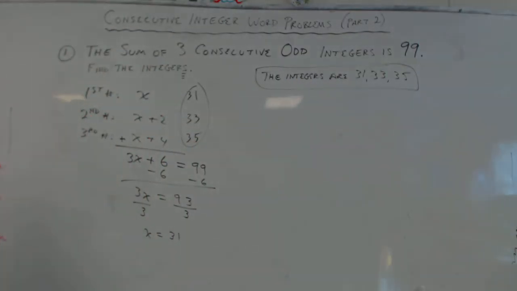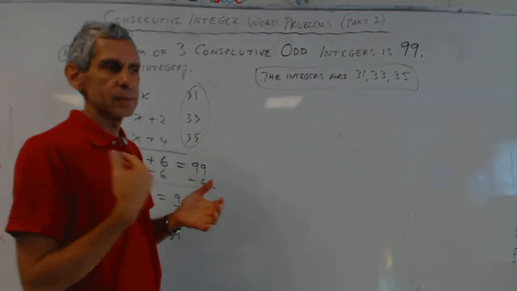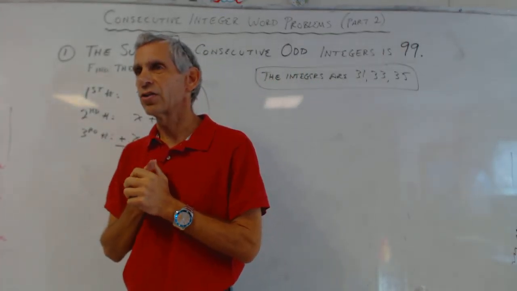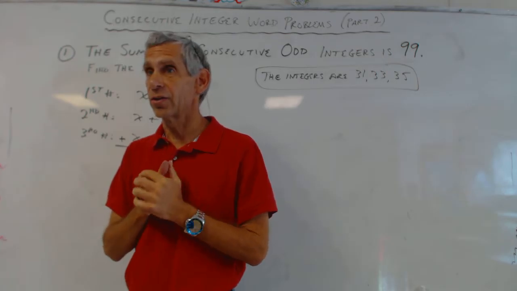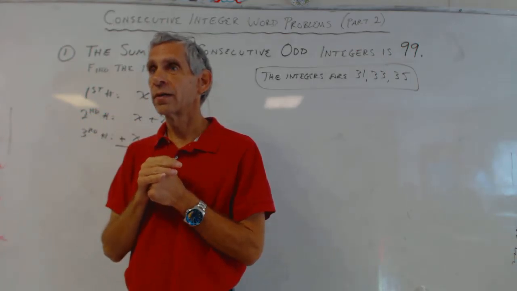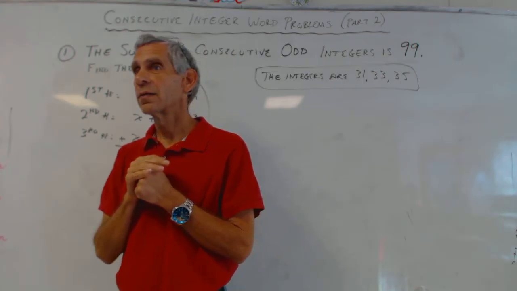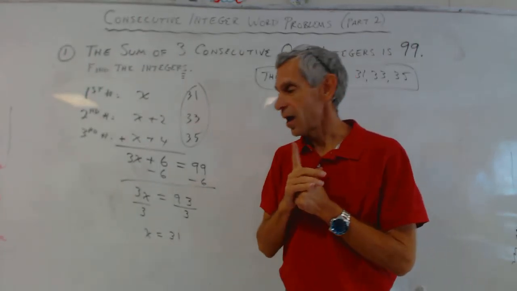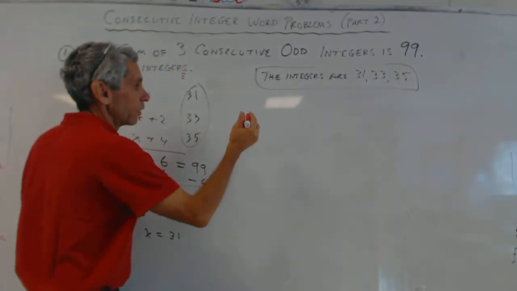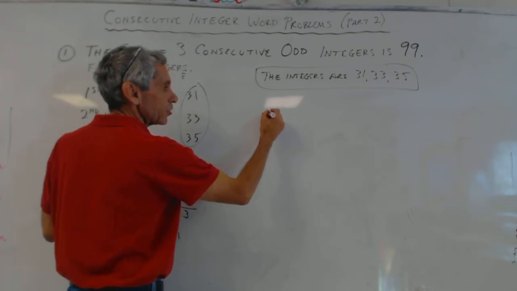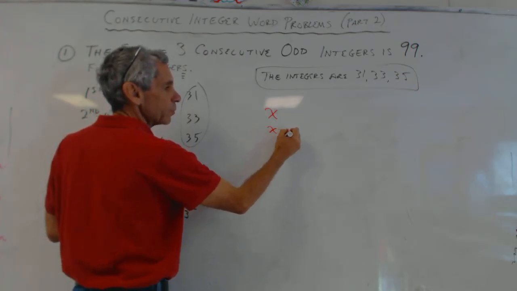All right, Gavin. Sum of two consecutive odd integers. What are my two numbers? x and then x plus 2. That's why I'm going over this, because it's always going to be x and x plus 2.